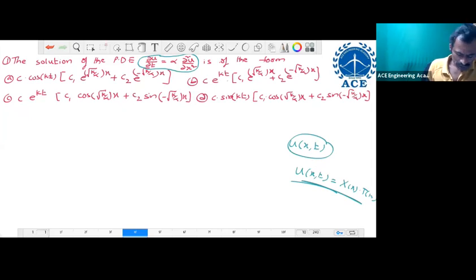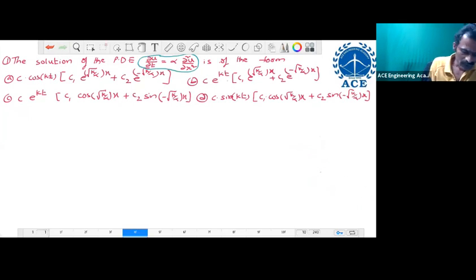Okay, let us do this problem according to our step-by-step procedure. Solution: given dou u by dou t equal to alpha into dou square u by dou x square. So this is 1.